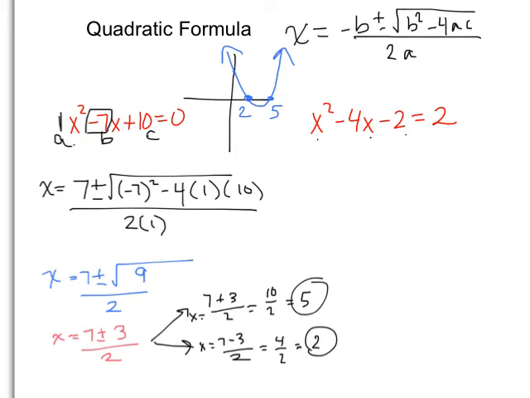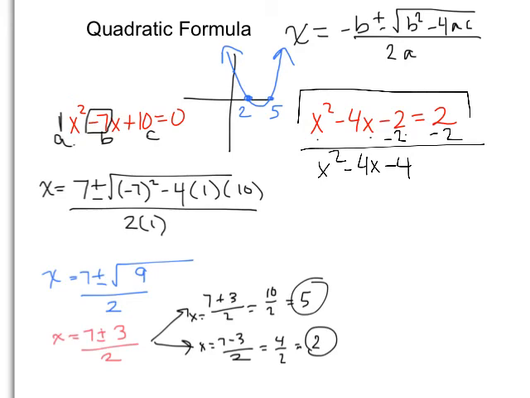Our last example is on the right. Notice with this problem, this is the first time with factoring or quadratic formula that we've encountered a problem that does not equal 0. So we will first change it to equal 0 by subtracting 2 on both sides. And 2 minus 2 would make 0.